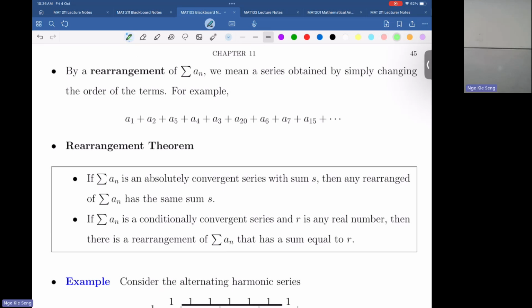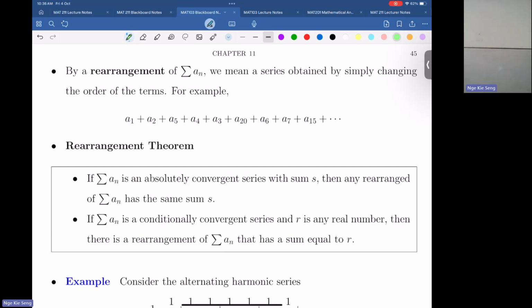So the sum of absolute terms might not converge, right? So what does the absolute value, the modulus, remove? It removes the negative, correct or not? So there are negative terms to play around with here. How do we play around with the negative terms? We can first rearrange, this is the room for you to play.